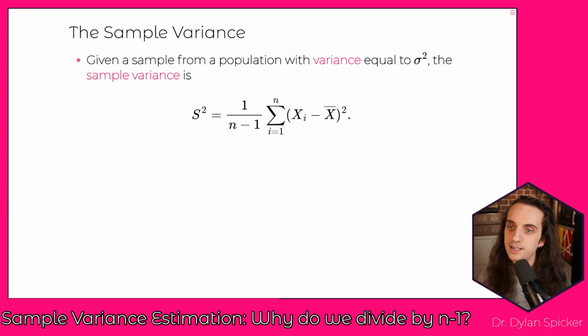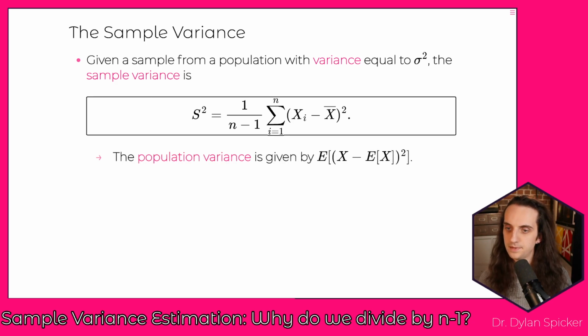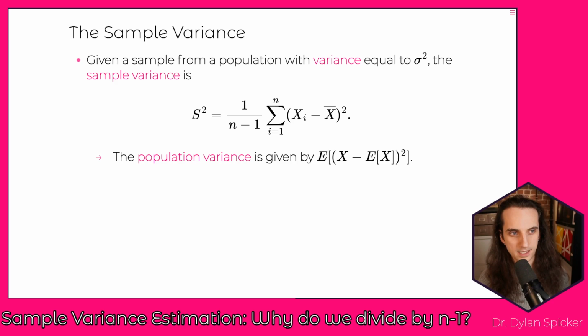So the sample variance is given by this expression here, right? We sum up all of our data points and subtract off their mean, so the sum of xi minus x bar squared, we add those all up, and then we divide by n-1. And it's this division by n-1 that is typically the point of confusion. Now, to draw the parallel here, the population has a variance that's given by the expected value of x minus its mean squared, taking that in expectation.